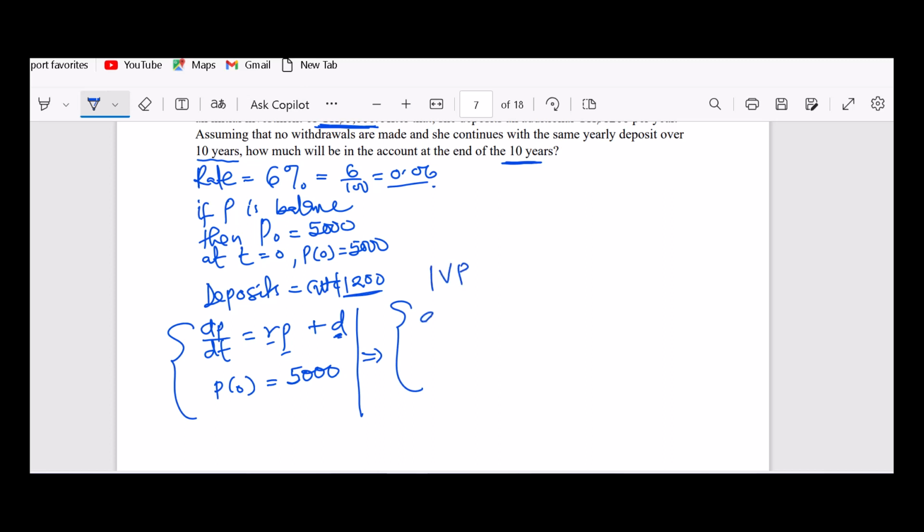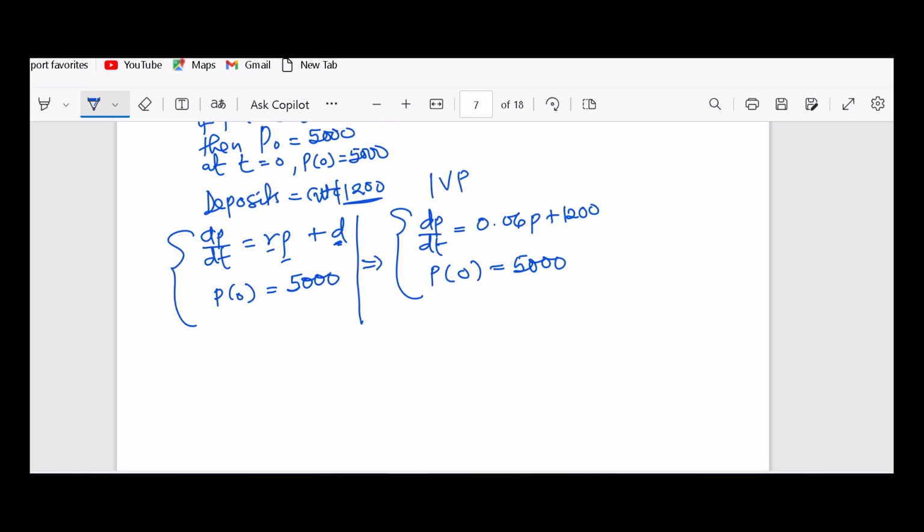We now have dP/dt equals 0.06 times P plus 1,200, with P of 0 equals 5,000.